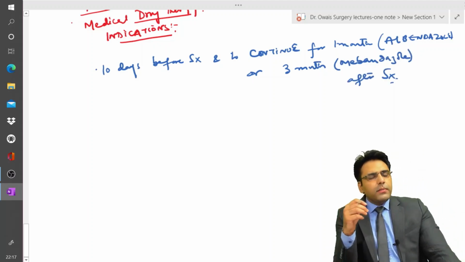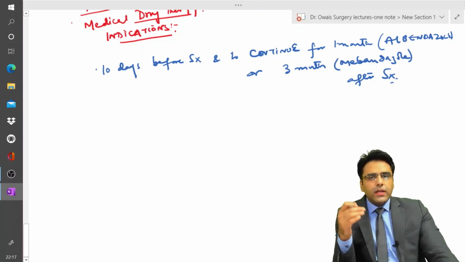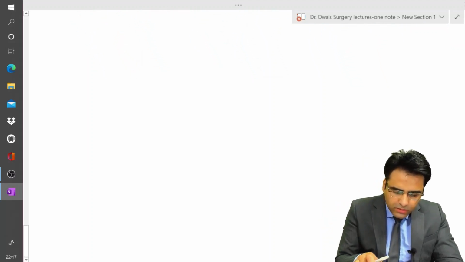So we have to give albendazole 10 days before surgery, and we have to continue this albendazole for at least 1 month after surgery, and for 3 months if mebendazole is given.